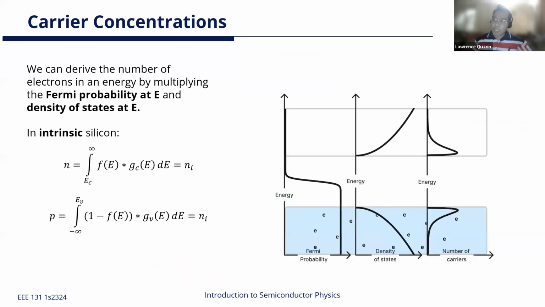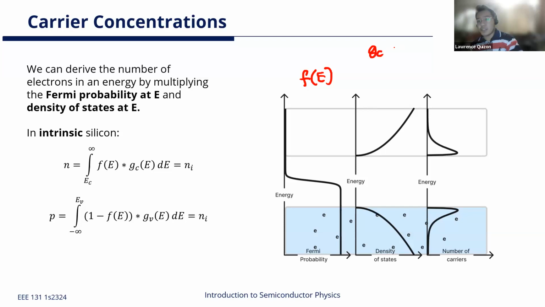Right. Ngayon, given the Fermi function, the Fermi function is the probability that a state at a specific energy is occupied by an electron. So this is F of E. Ito, density of states.